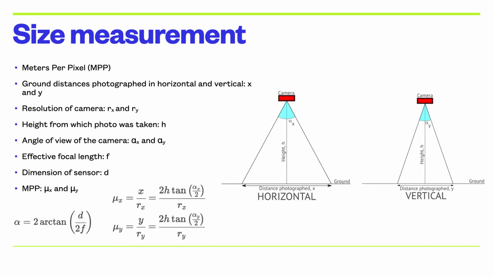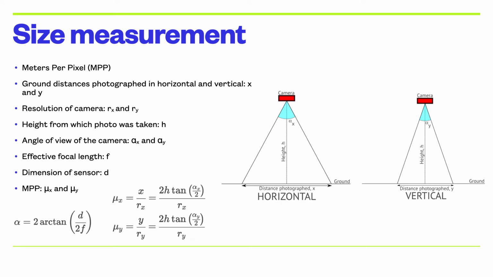So in this formula, all the parameters are known for a certain camera with a certain model. And the only thing we need to know is h, the height or altitude where the photo was taken. So that depends on the setting of your flight.